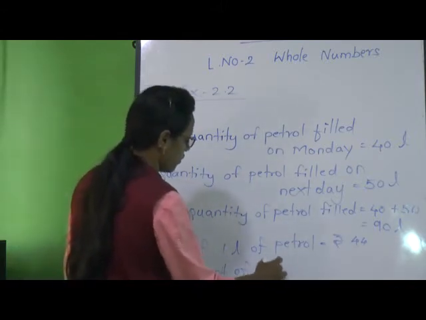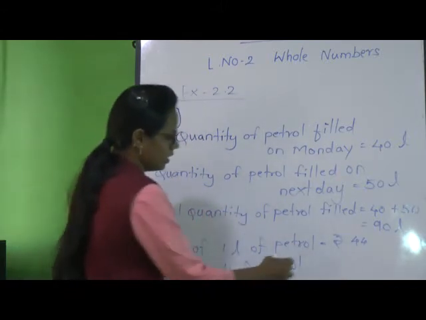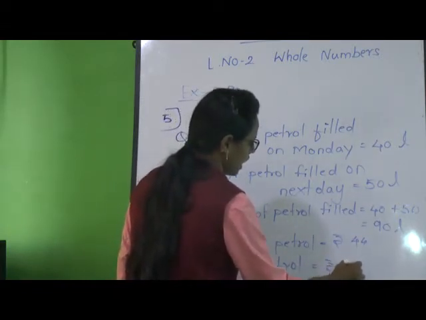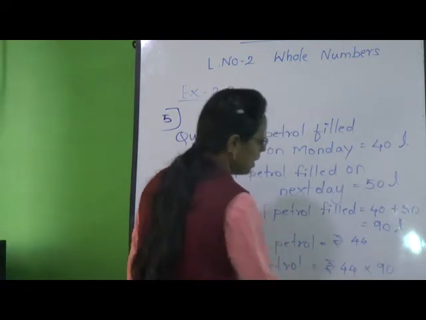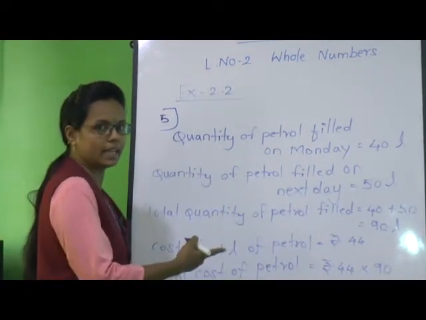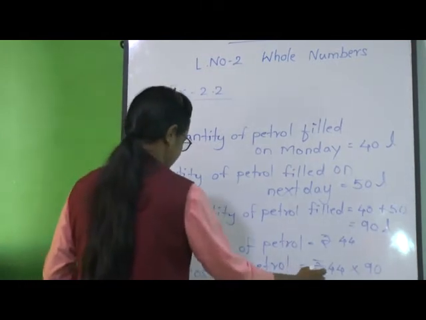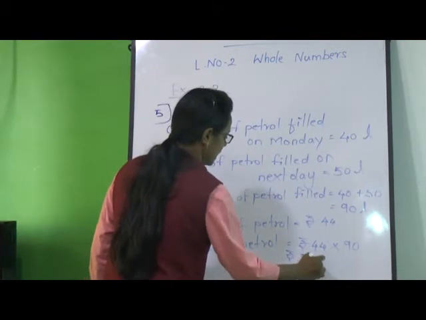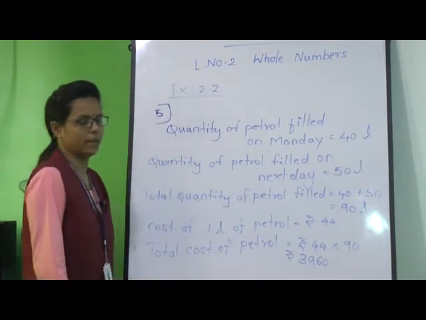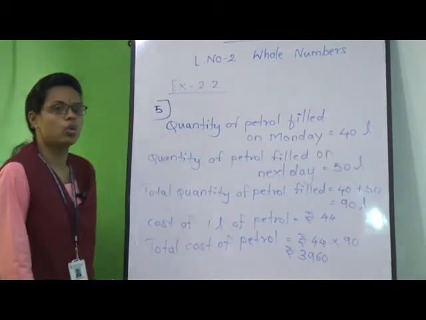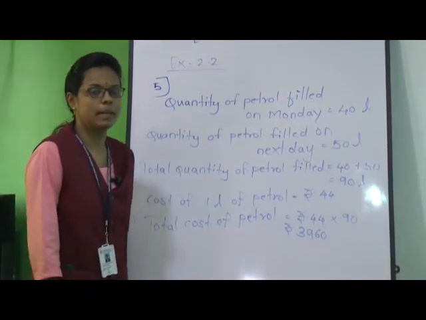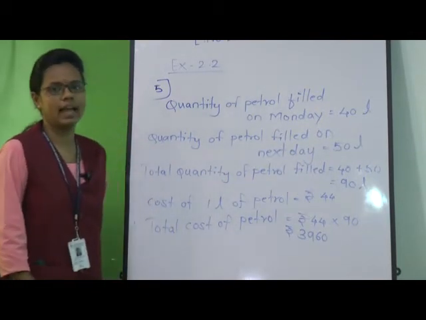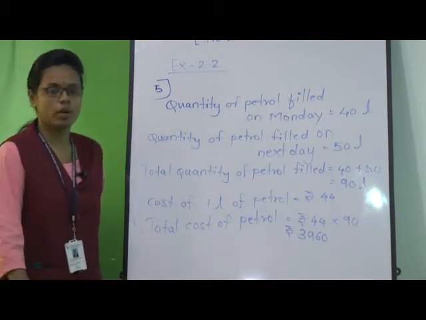Total cost of petrol: rupees 44, and how many liters of petrol in total? 90. When we multiply this, we get rupees 3,960. Therefore, the total cost of petrol spent by him is rupees 3,960.